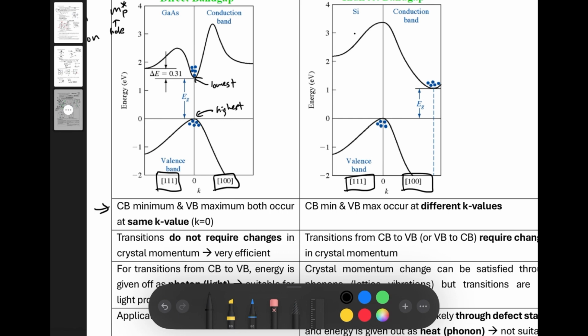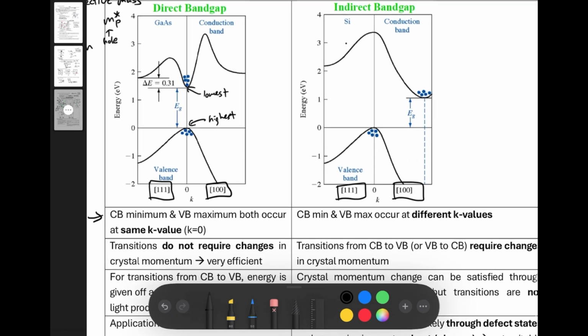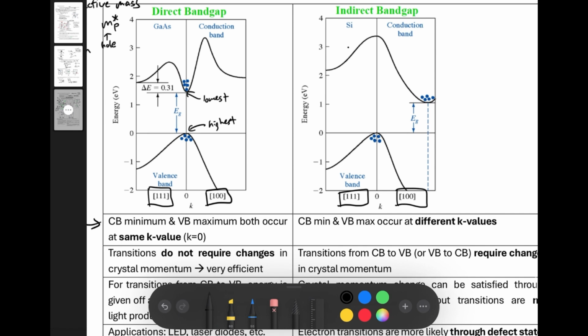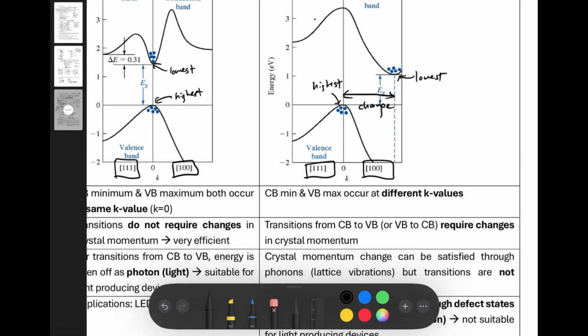While indirect bandgap semiconductor is different, because you can see here's the lowest point and here is the highest point of the valence band, so they occur at a different k value. They require a change in the crystal momentum before the electron can transit.